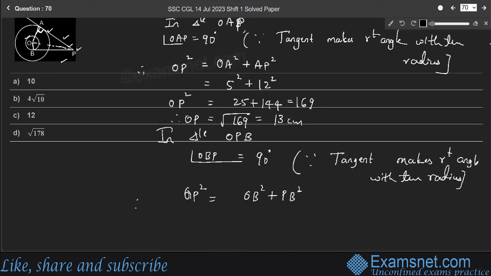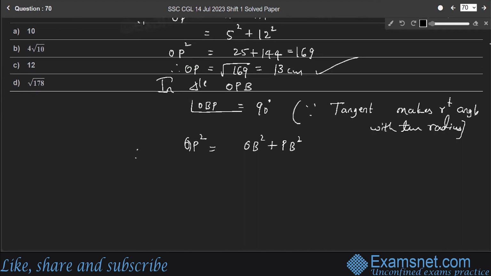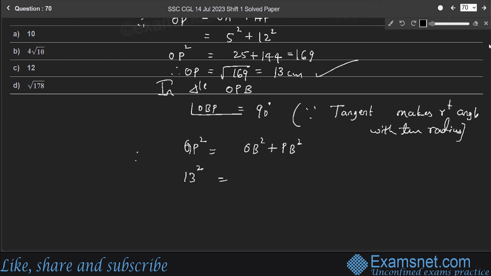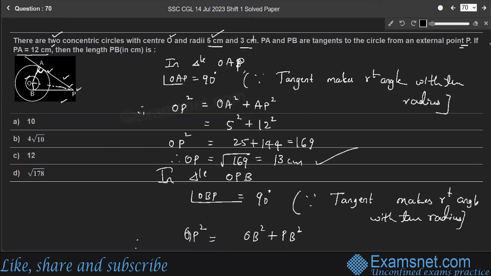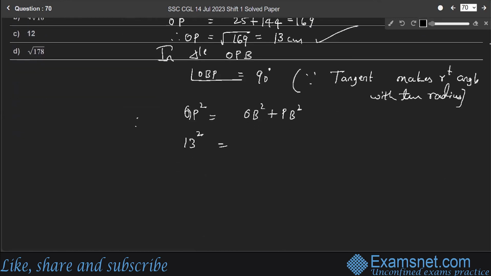So just now we had calculated OP, which is 13 centimeter. So substitute: 13 square is equal to OB square plus PB square. OB is the radius of the smaller circle, which is 3 centimeter, already given. Therefore, PB square is 13 square minus 3 square, so 169 minus 9, which is 160.